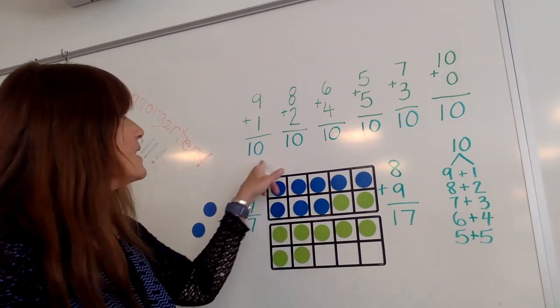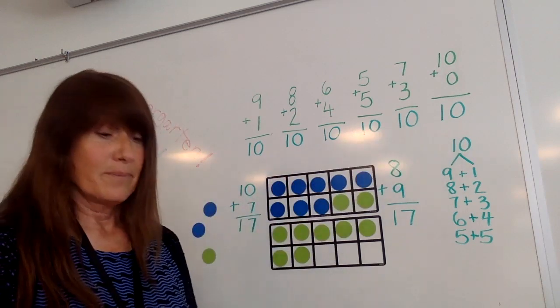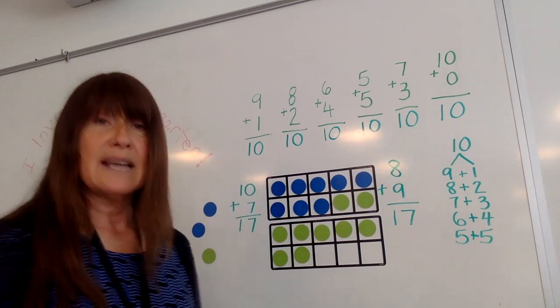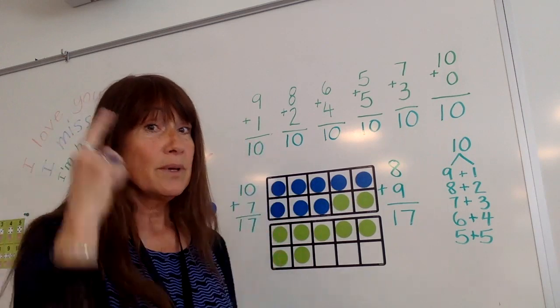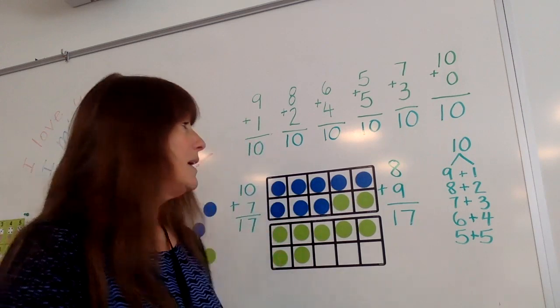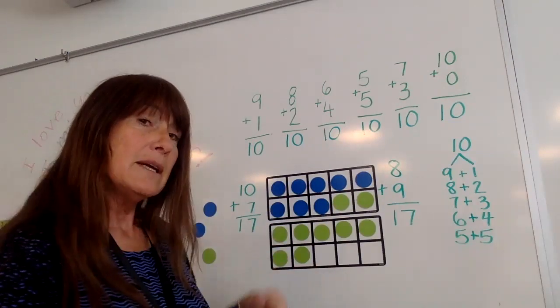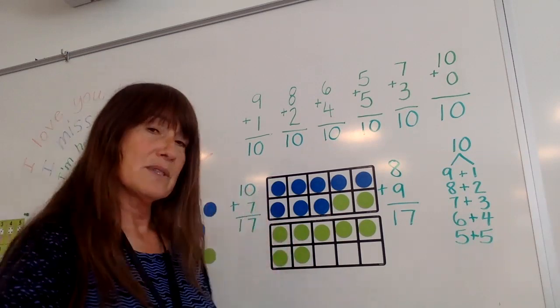So you're going to have some math problems on your worksheets that look like this. If it's only an answer that is up to 10, you can still use your fingers or you can use your brain. But if it's more than 10, you might want to think about your 10 frames and how you can use that 10 to help you solve a problem.